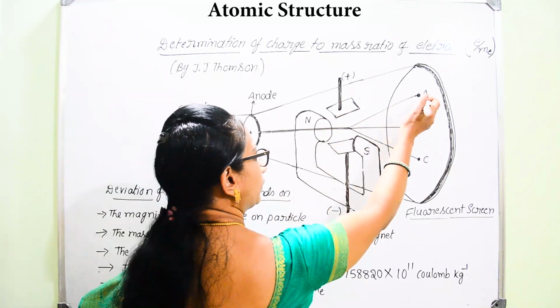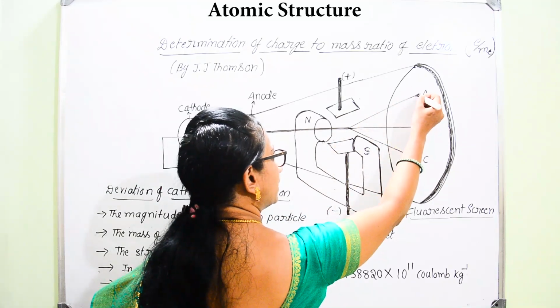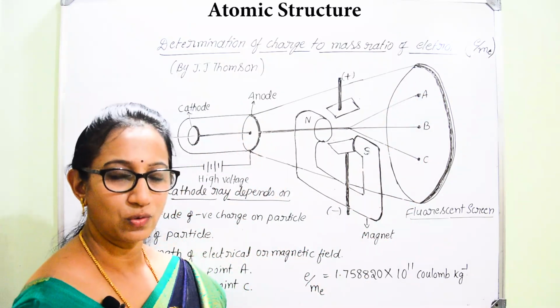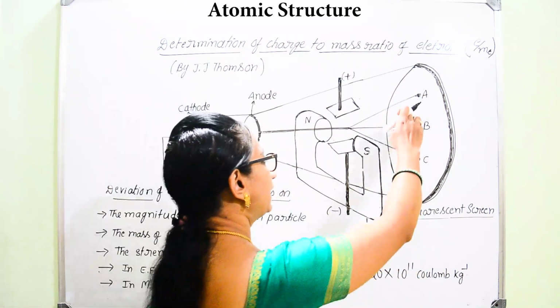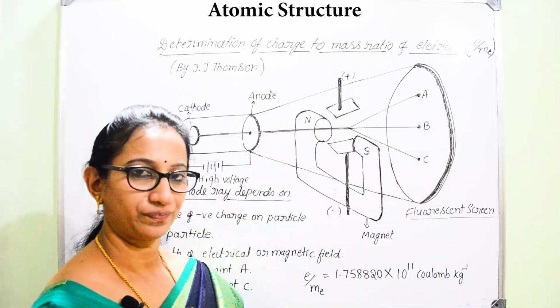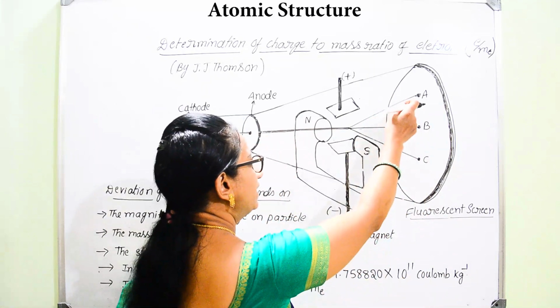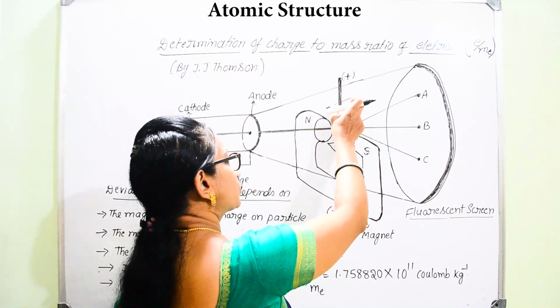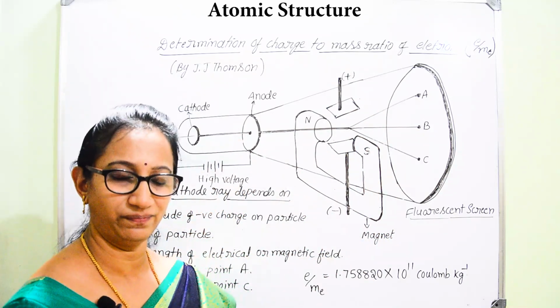Hence he found the deflection, the glow spot, at point A. This point A represents the deflection in the presence of a strong electric field.